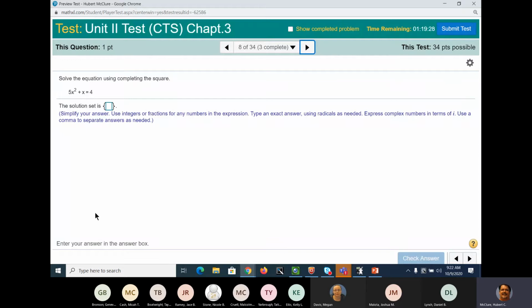5x squared plus x plus blank is equal to 4 plus blank. Factor out a 5. I'm going to put a baby step in here. I'm going to divide 1/5 by 2. Square it.